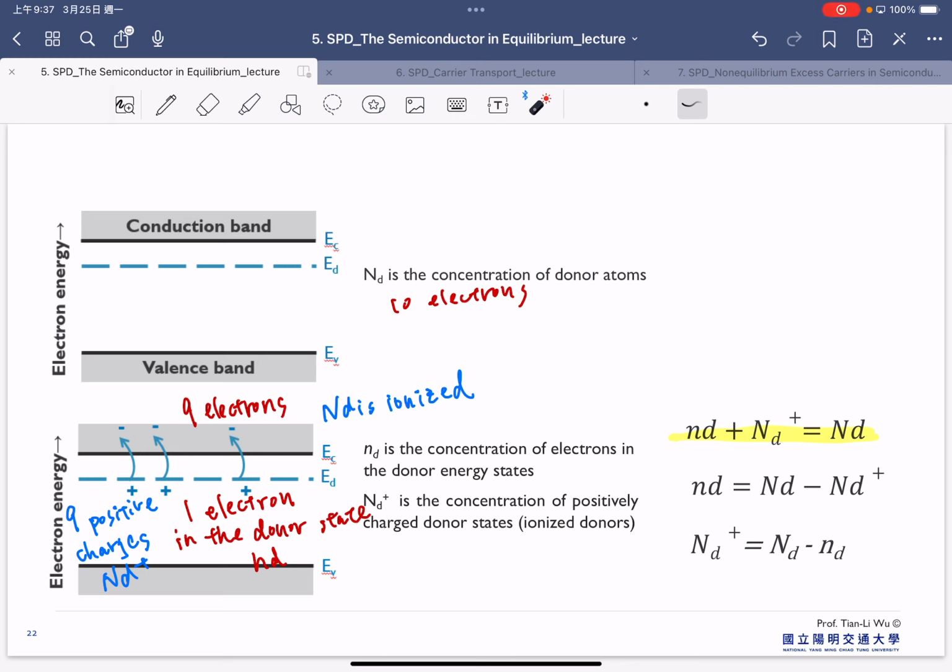Therefore, we can do some simple calculation: nD, the concentration of electrons in the donor state, will be equal to this minus this one. And the ND plus, the concentration of positive charge donor states, can also be calculated as shown here.